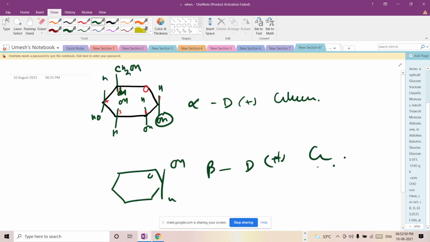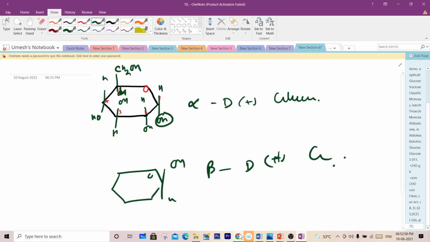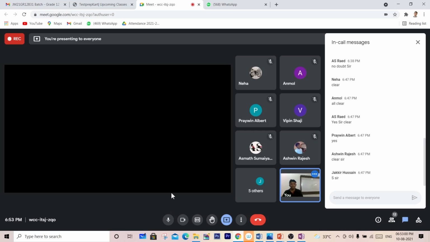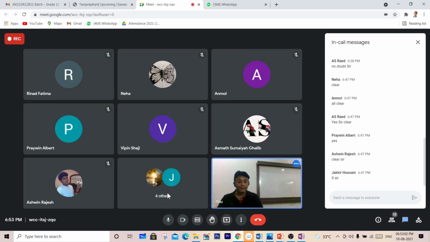Am I clear to you? Am I clear how to represent the structure of the molecule of glucose, how to convert the straight chain into the cyclic form, and the cyclic form into the Fisher projection formula.